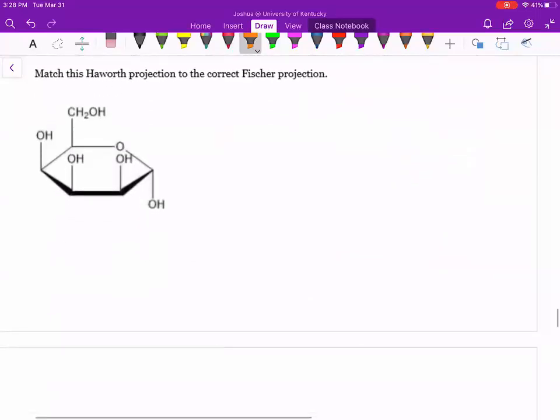Match the Haworth projection to the correct Fischer projection. A better way would be to draw that. 1, 2, 3, 4, 5, 6. So 1 is the anomeric carbon, the one that contains the carbonyl. Carbon 2, the hydroxyl group is up, it's on the left.